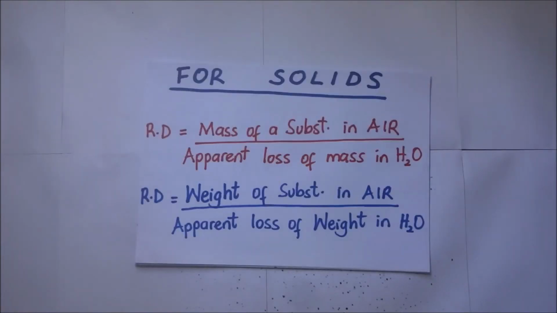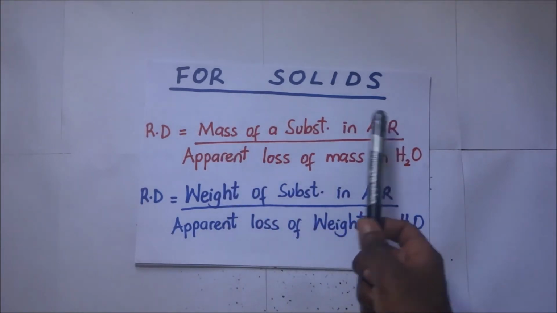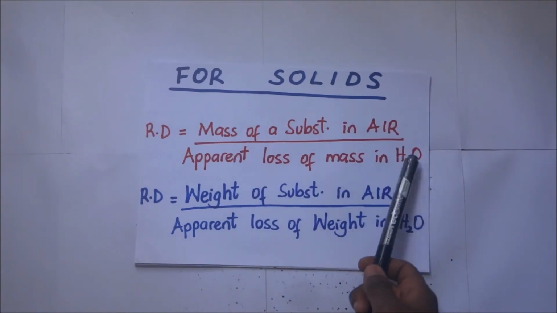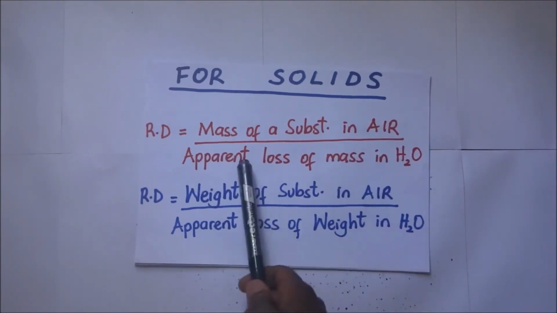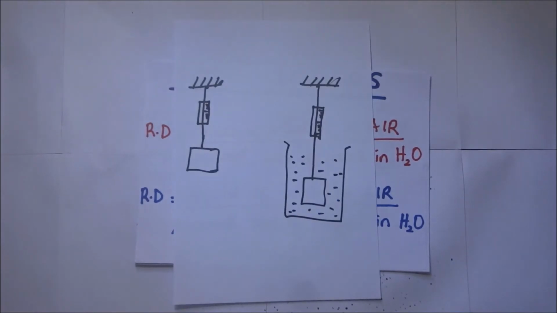Now when it comes to solids, the relative density can also be given as mass of a substance in air divided by the apparent loss of mass in water. Now, what is this apparent loss of mass in water? Of course, when you are in water, you experience a certain force that acts on you. I'll use this simple illustration, but we shall explain this further when we are looking at Archimedes' principle.